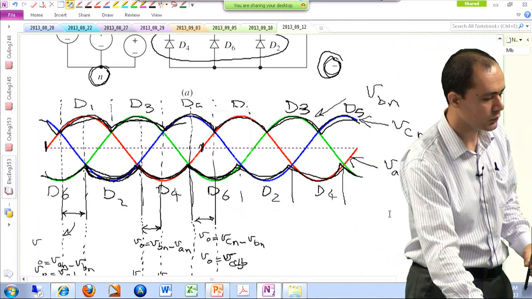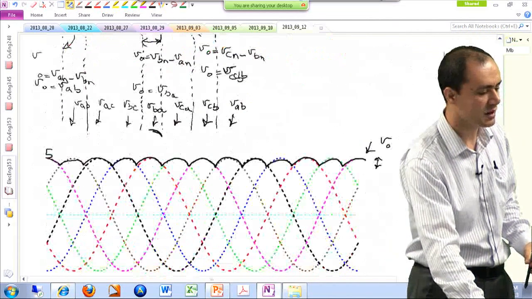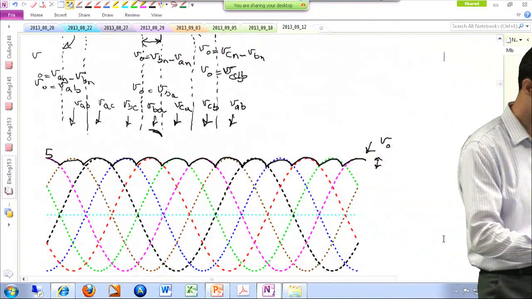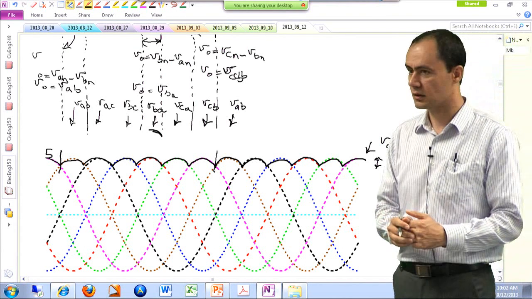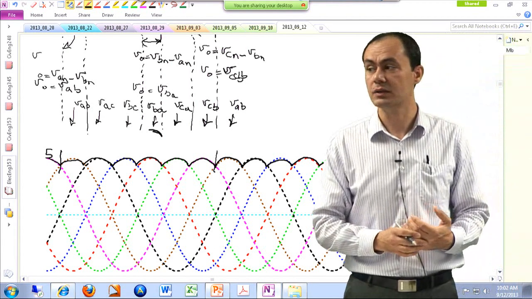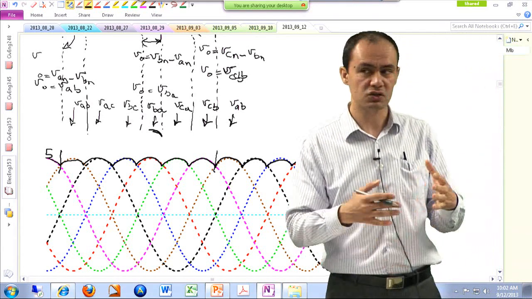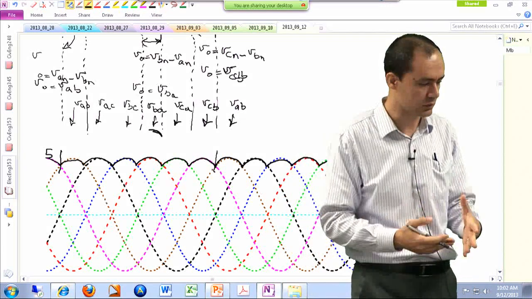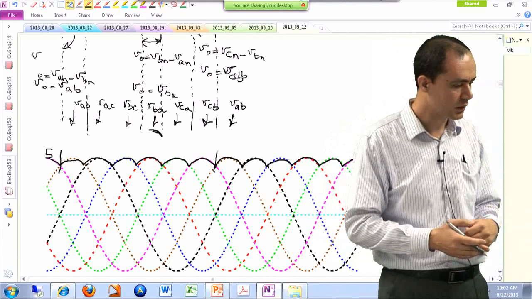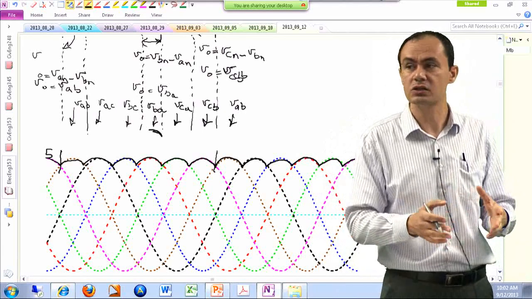As it turns out, the output voltage repeats itself 6 times during that period. 1, 2, 3, 4, 5, 6. So the frequency of the ripple is 6 times the line frequency. Like if the line frequency is 60 hertz, the ripple is 360 hertz. So it's easier to filter that out.